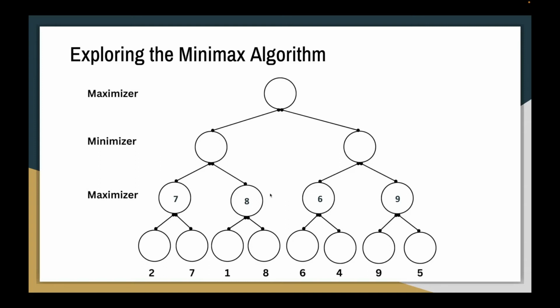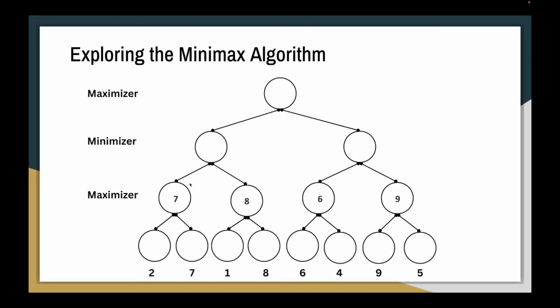Now we have to take the scores down at the bottom of the tree and then we back them up one level. The values are 7, 8, 6 and 9. Now the immediate near player is the minimizing player.